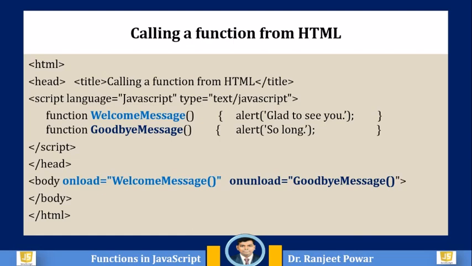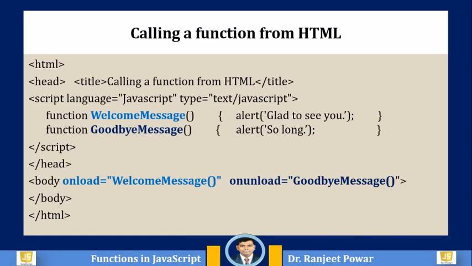The example shows how to call these functions in a web page. We define each function in a JavaScript placed in the head tag. We assign a call to the welcomeMessage function to the onload attribute of the body tag. This displays the welcome message when the browser loads the web page.